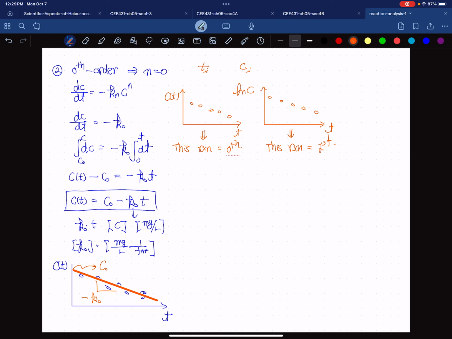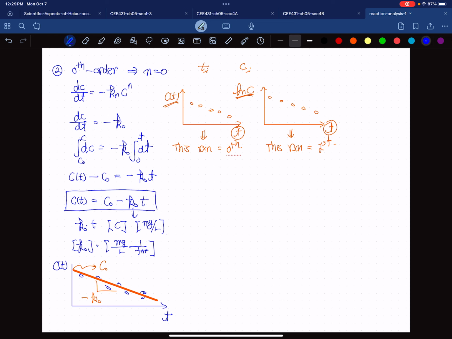So your x-axis is always time t. For your y-axis, you try concentration itself, or the natural log of concentration. If one of them matches better, then you could conclude that the reaction follows whichever matches better.